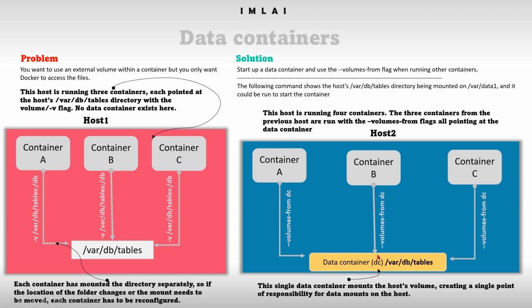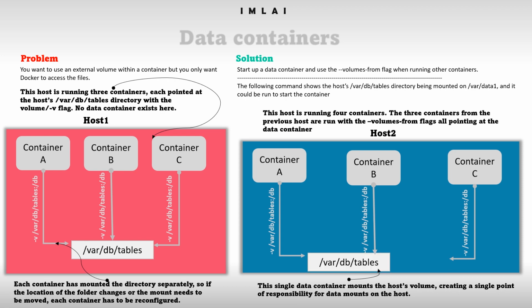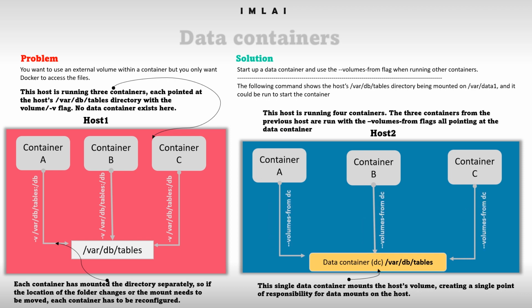The name of the data container that we have given is DC. So I'll animate it one more time. Instead of connecting all containers together with one bind mount option, we can do this using this command.